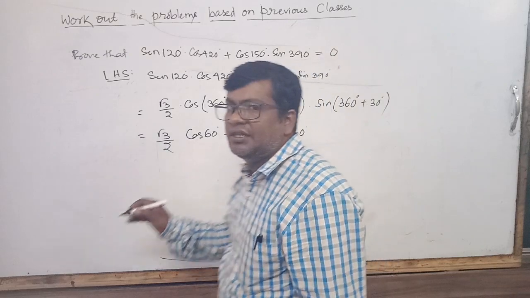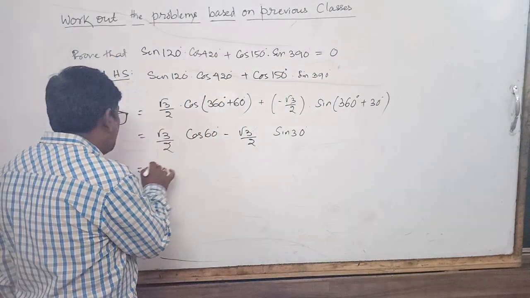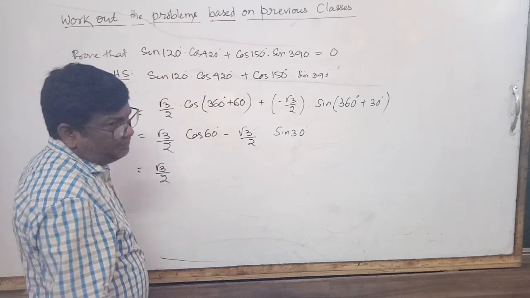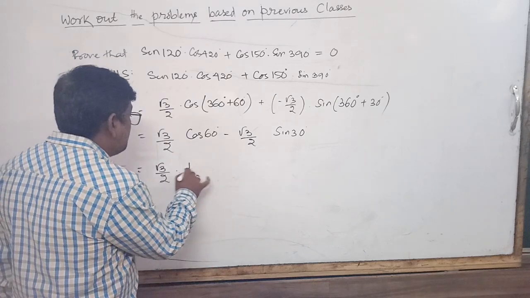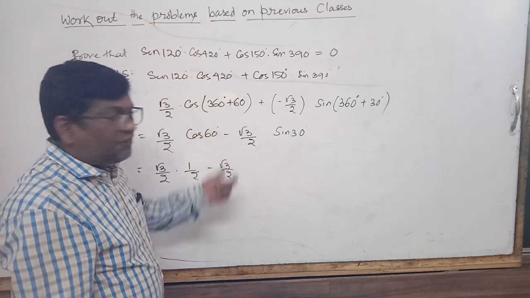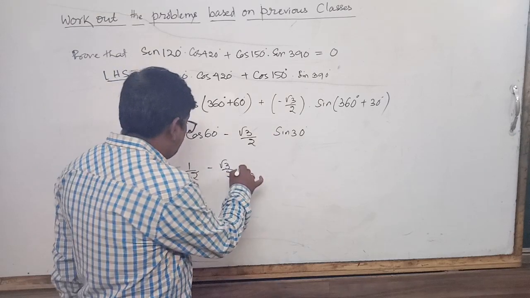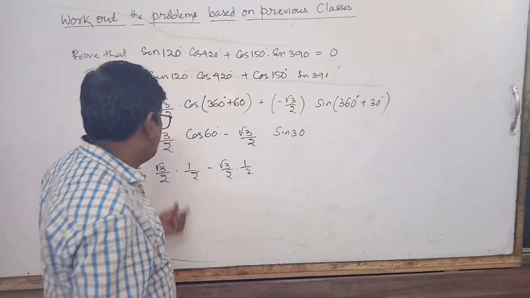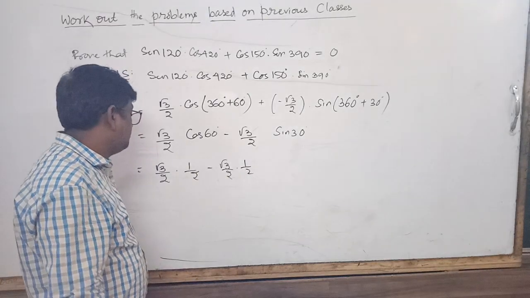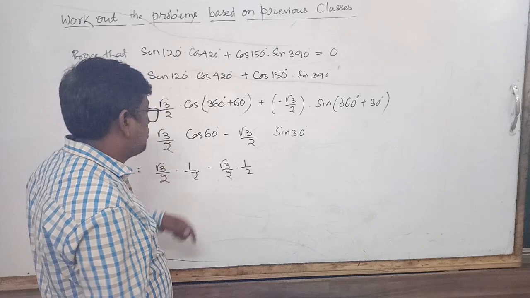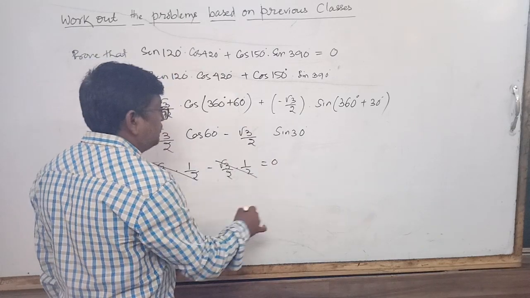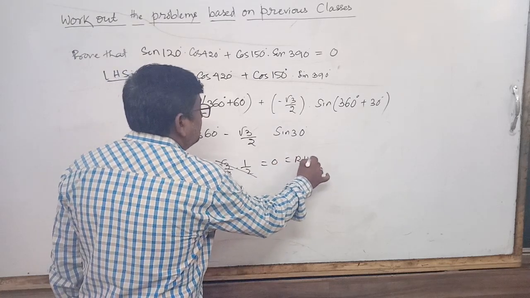What is the value of cos 60 degree? It is 1 by 2. What is the value of sin 30 degree? That is 1 by 2. So this amount goes cancel, that is root 3, this amount goes cancel. So the answer is 0. RHS. Clear?